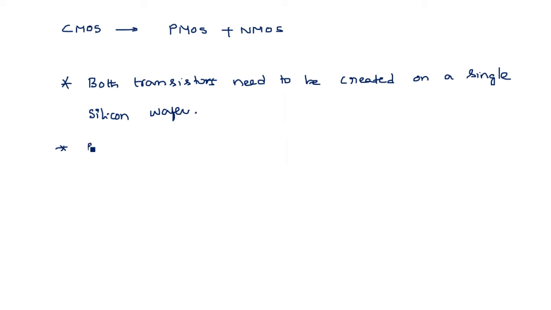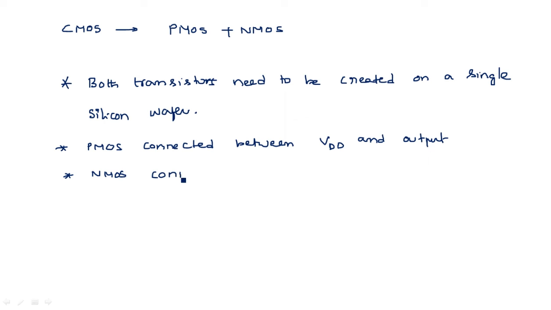PMOS should be connected between VDD and output. NMOS transistor should be connected between output and ground.